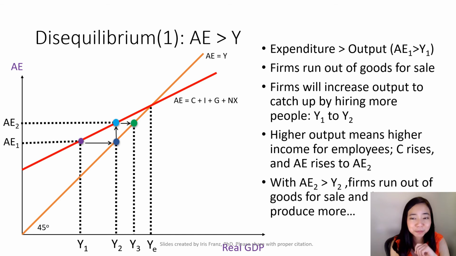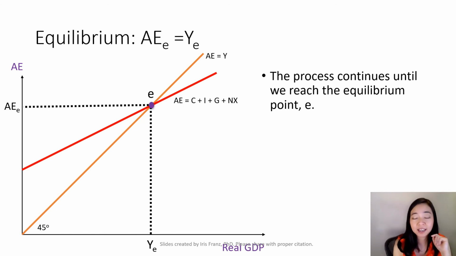When the firms are producing more, again they are hiring more workers who are going to spend their bigger paycheck. So our aggregate expenditure is going to go up again. And this process is going to continue until we hit the equilibrium point, point E, where our aggregate expenditure is exactly equal to our real GDP.